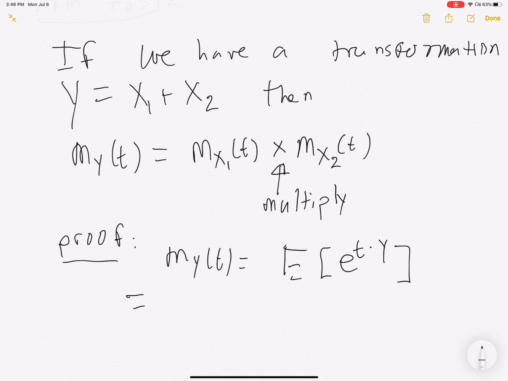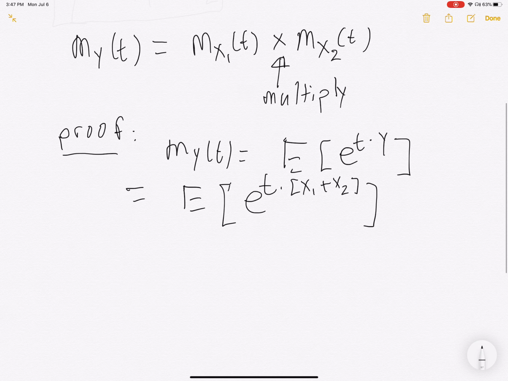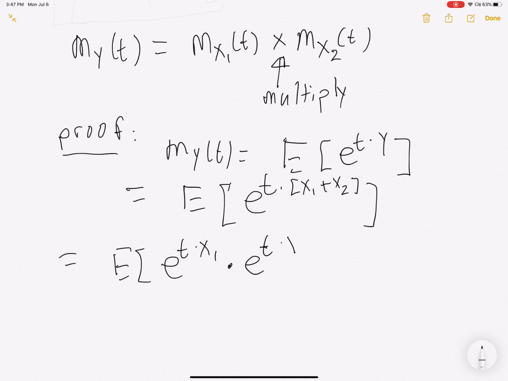And then when you take the expectation, y has this representation. And that's equal to the expected value of e to the t times x1 times the expected value of e to the t times x2.